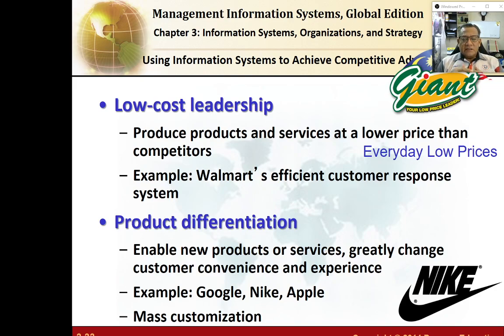Of course, Giant can maintain this low cost leadership by using an IT system in which they order their products in bulk, in large volume, and later distribute within their networks. By ordering in a large volume, the cost per unit that can be sold to the customer will be lowered down, and that needs an efficient IT system, fast processing, in order to maintain this low cost leadership.